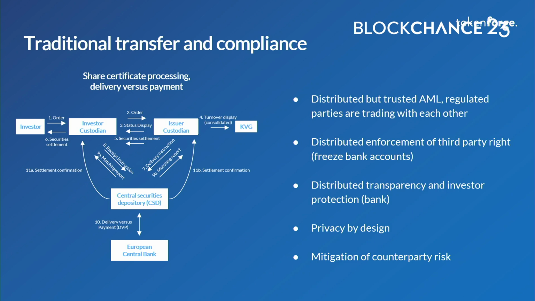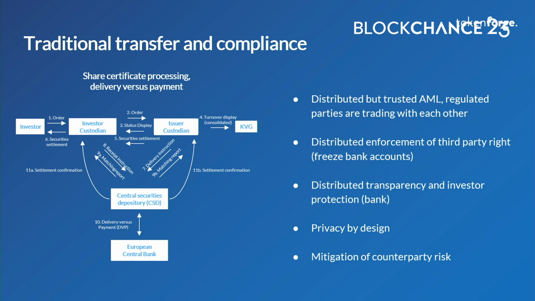Again, what is already implemented in this traditional approach by design, by the process itself, not technically? We have distributed but trusted AML. Regulated parties are trading with each other in the system, so they can trust each other, and the AML and KYC work is distributed to the issuer custodians or to the investor custodians, the banks that do the custody.